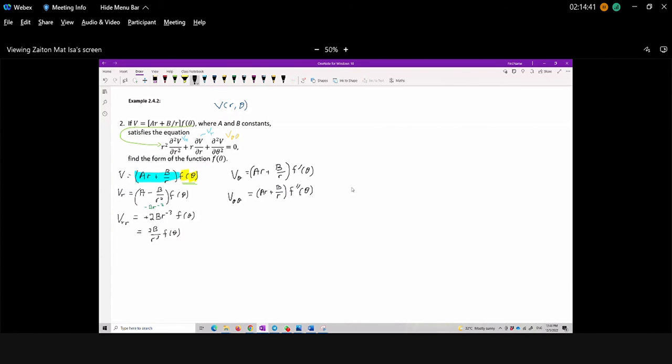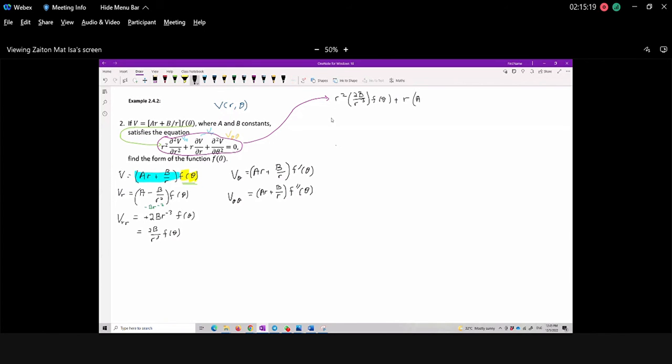Okay, now what is our aim? The aim is to find the form of F theta. We want F theta, so we substitute into the equation. From VR, VRR, V theta theta, include into the original equation. Now it becomes R square VRR, to be 2B over R cube F theta, plus R VR.